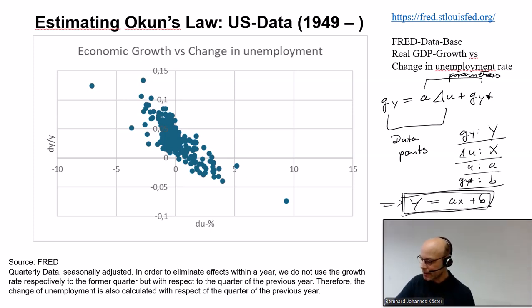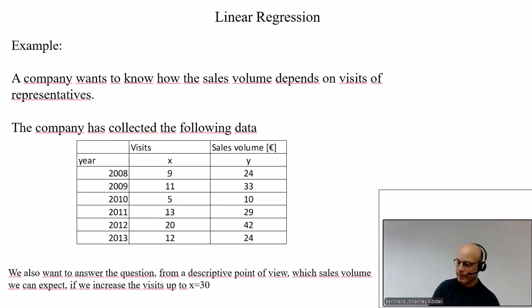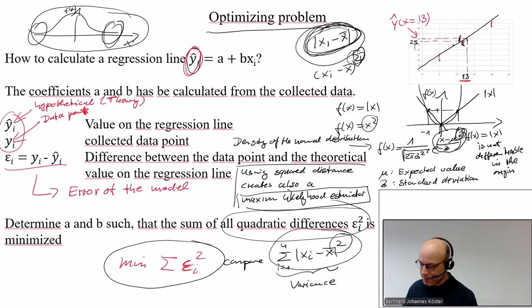And in order to estimate the dependence between these variables quantitatively, we have talked about this concept of linear regression. Here I gave you an example where we said that the sales volume of a company depends on the visits made by the persons who work for the company.